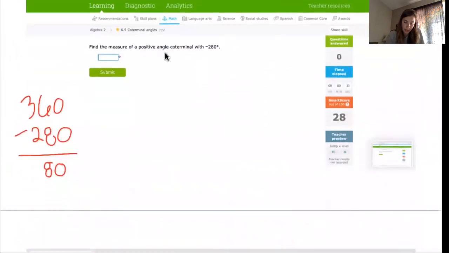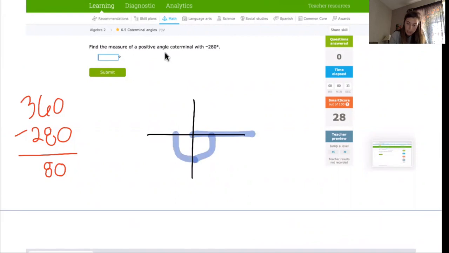Okay, find the measure of a positive angle coterminal with negative 280. So they're giving us a negative angle this time. So here's my axes. Okay, so my initial side is there. Going negative 280, that means I went this way. So that's negative 90. That's negative 180.